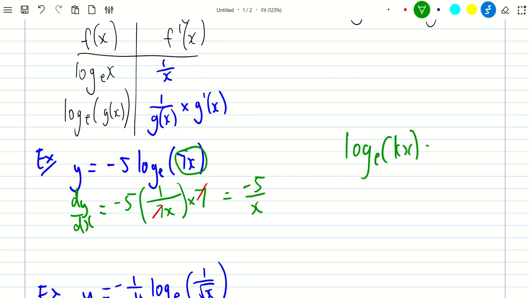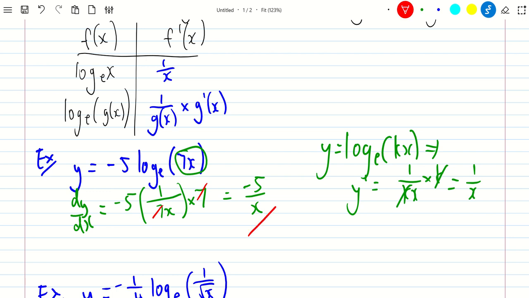The derivative of that is equal to 1 over kx, where k is any real number, and then multiplied by k. That k will always cancel. So the derivative of log e kx is always just 1 over x. That's just a little shortcut there. But for the answer for today, negative 5 over x is all I need to do.